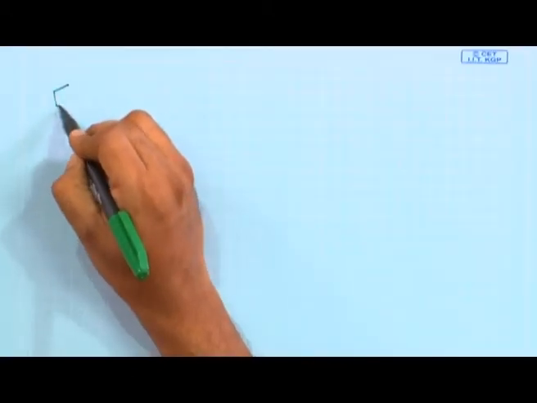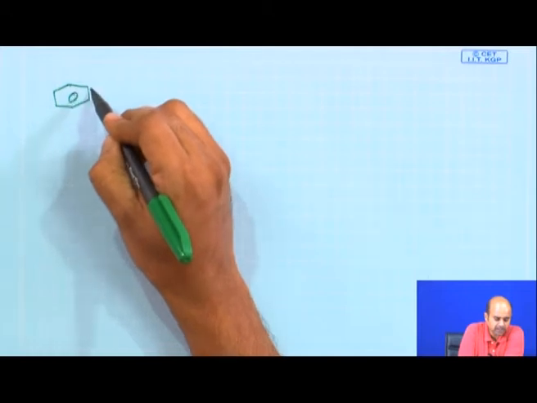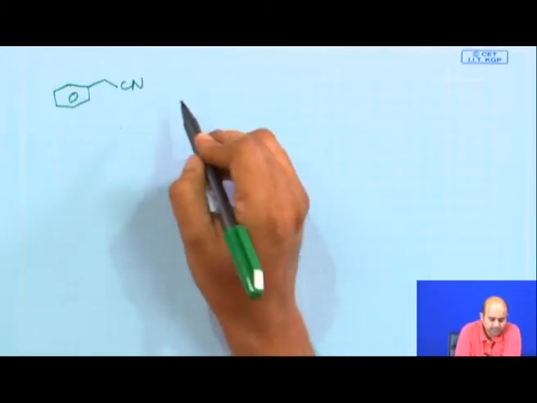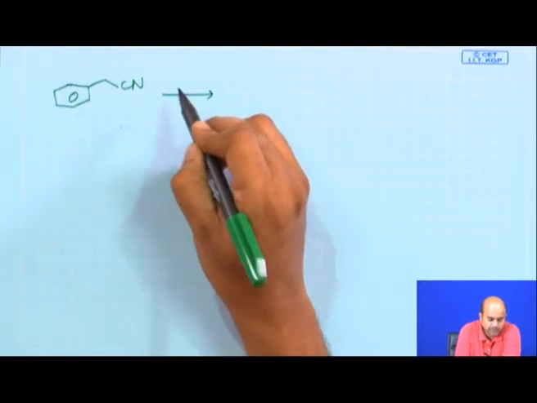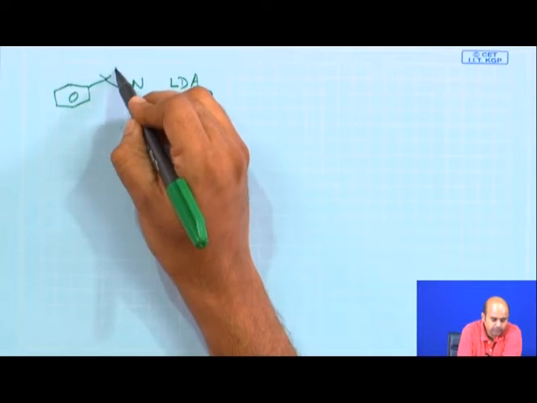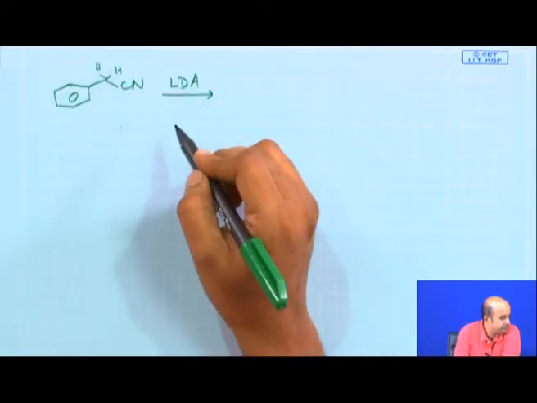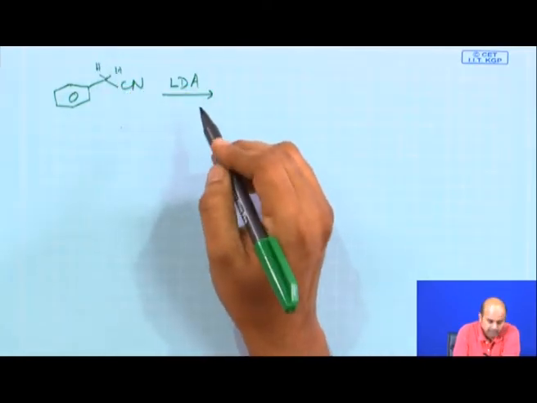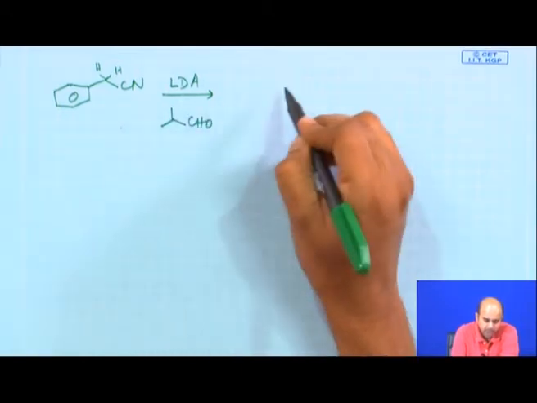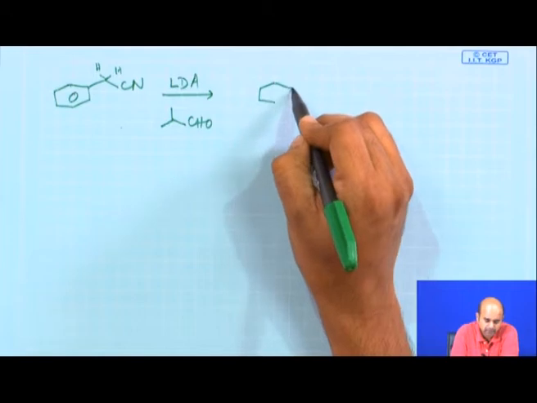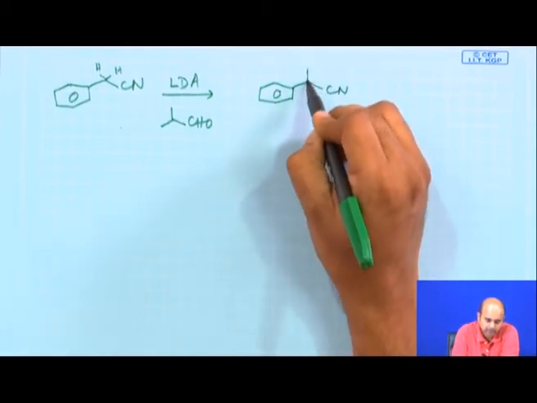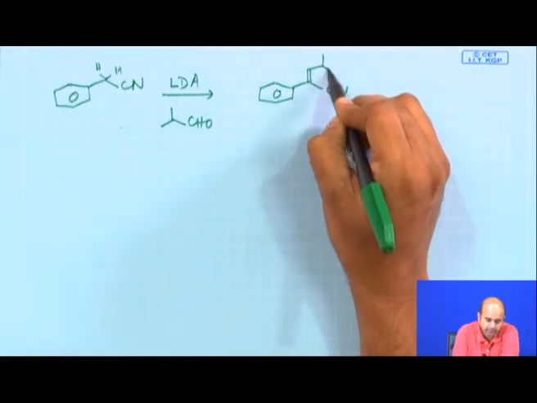Your forward pathway starts from a very simple starting material, benzyl cyanide. This compound is subjected first to LDA. It is an acidic compound; these hydrogens are definitely acidic. Then you react this compound with this aldehyde. So, an aldol reaction will take place, and we definitely get these things.